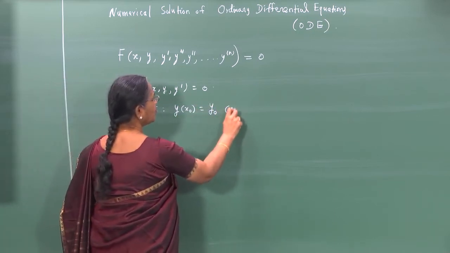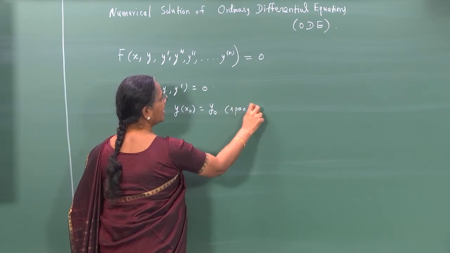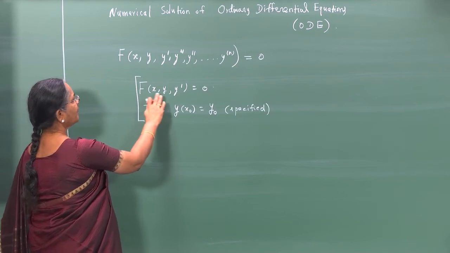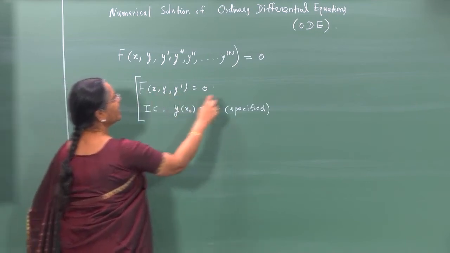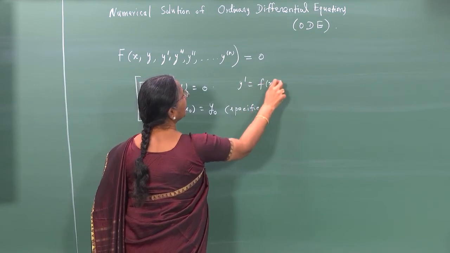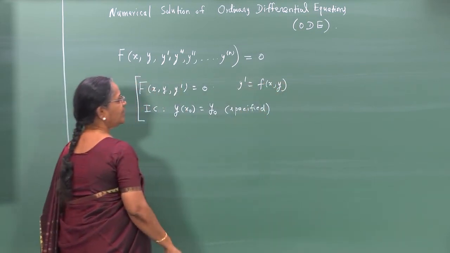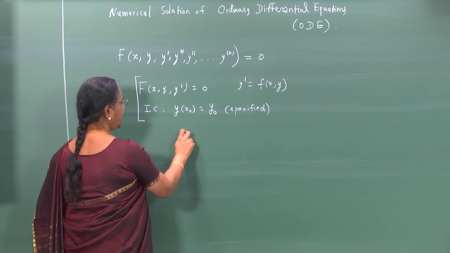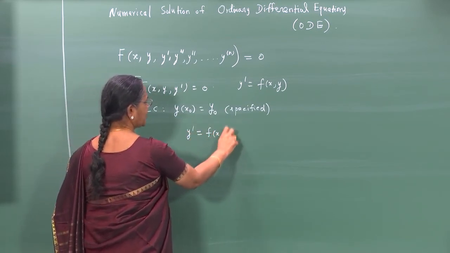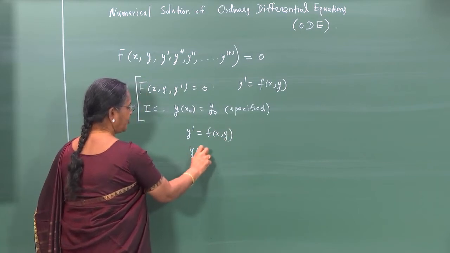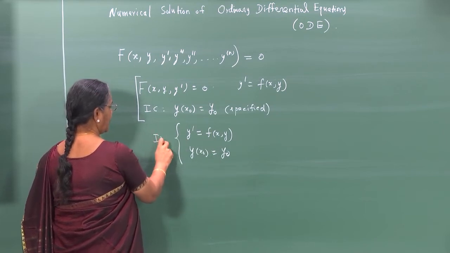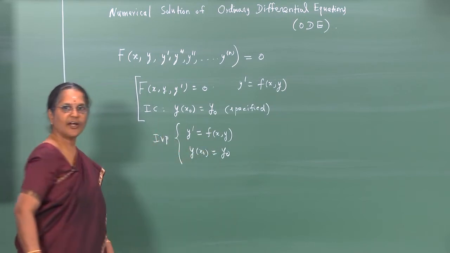So, this y naught will be specified or it will be given to you, and one can write down this relation explicitly in the form y prime equal to a function of x comma y. So, our goal would be to develop numerical methods by means of which we solve an initial value problem of the form y prime equal to f of x comma y subject to y of x naught equal to y naught.